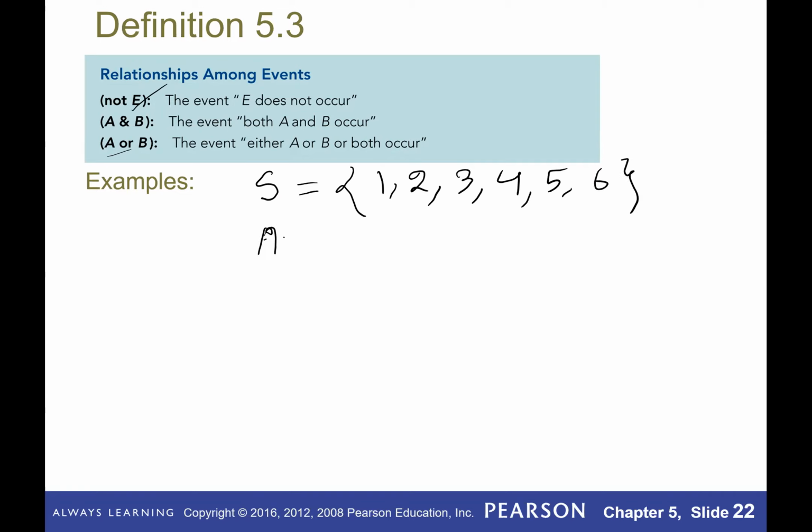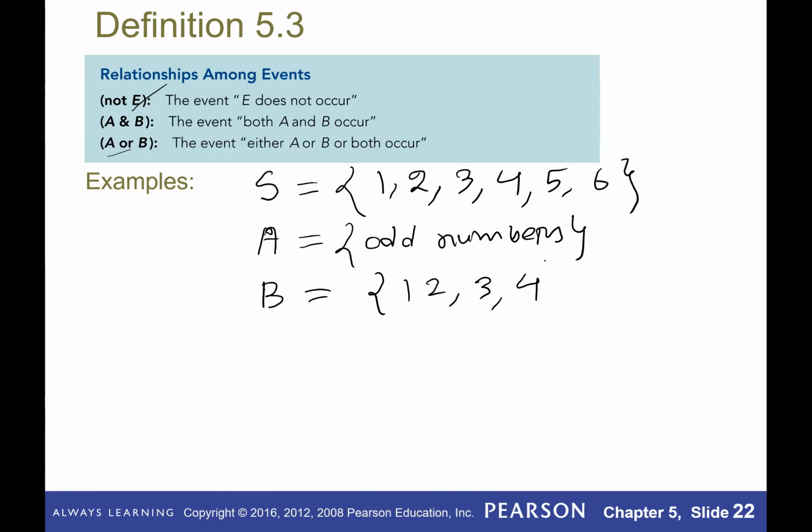And A is an event which consists of all odd numbers, and B is an event which has 1, 2, 3, 4. So now we have two events, A and B. Odd numbers mean the elements are 1, 3, 5, right?